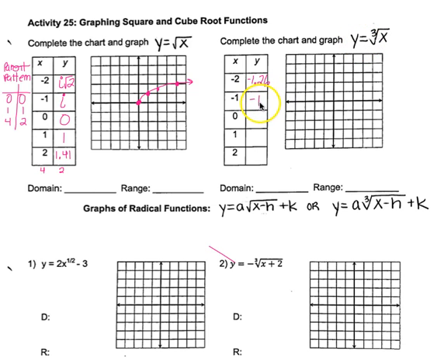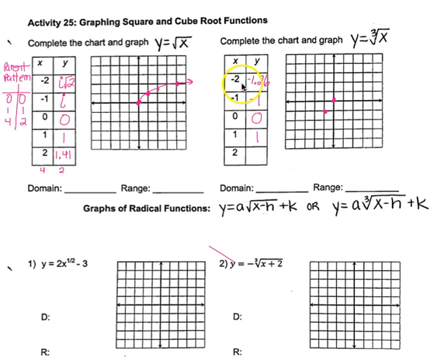So when I multiply -1 times -1 times -1, it does give me -1. Now, next one is cube root of 0. So what, when I multiply it by itself 3 times, gives me 0, would still be 0. So I've got -1, -1. I've got 0, 0. And then 1, cube root of 1, also 1.